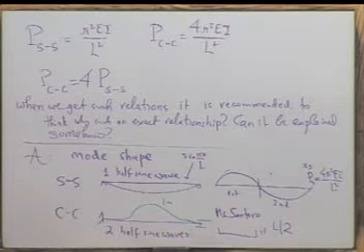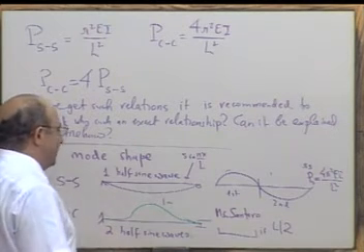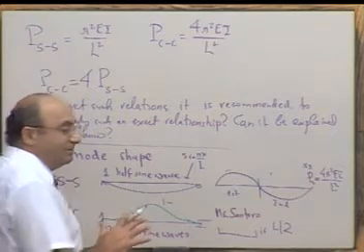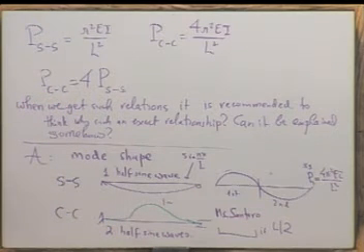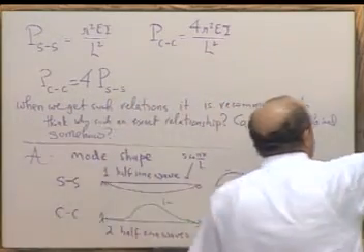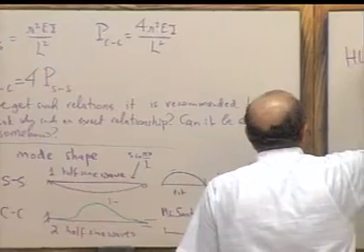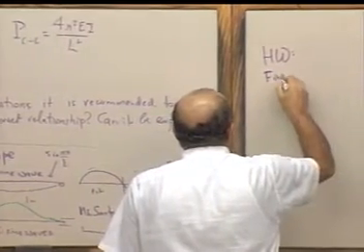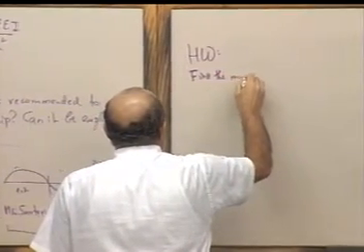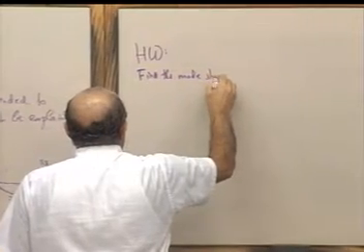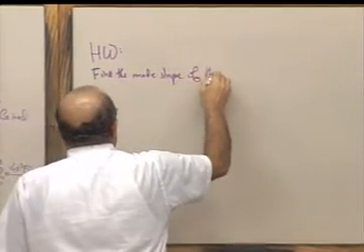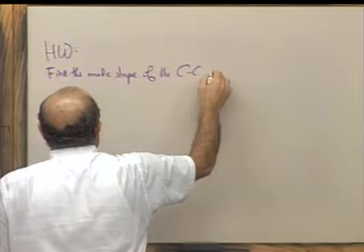Okay, now let us discuss what Ms. Santoro said. That is in the correct direction. The only thing is that we need some more explanation. Let us add this second homework. Please find the mode shape of the clamped column.